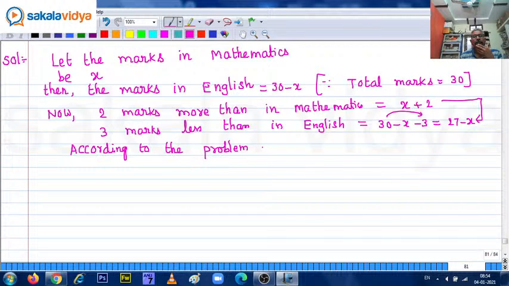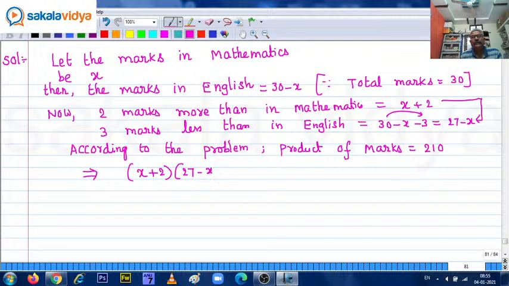So according to the problem, the product of marks is 210. That implies X plus 2 multiplied with 27 minus X equals 210. Now we are going to construct a quadratic equation with the help of this data.